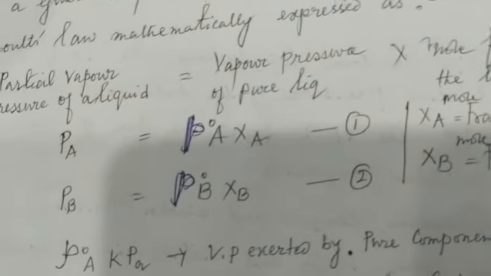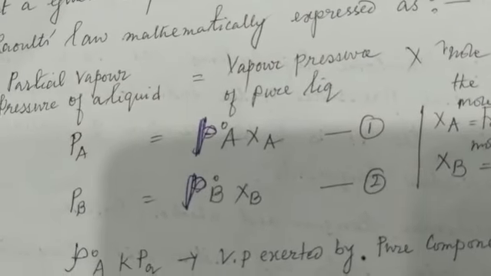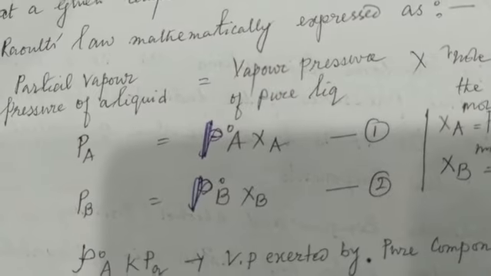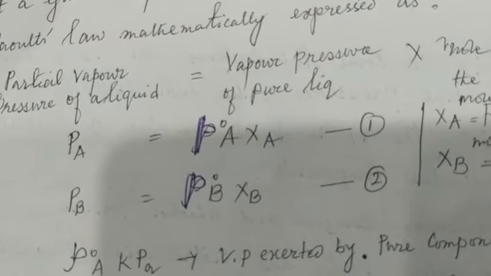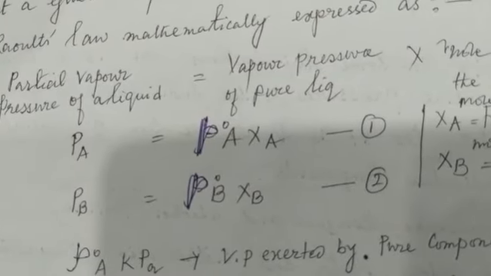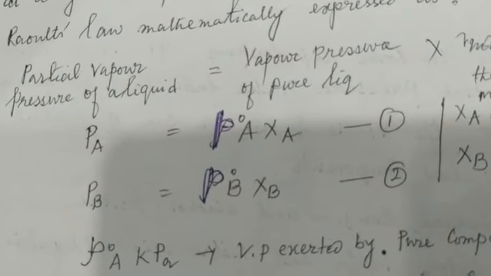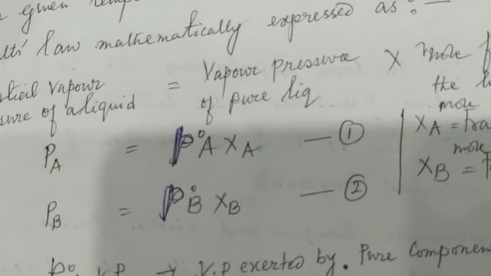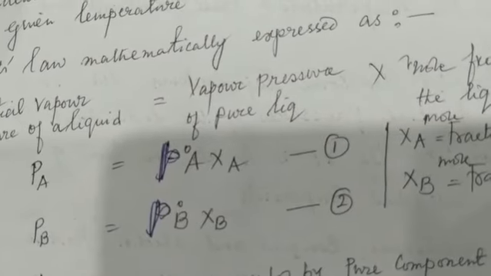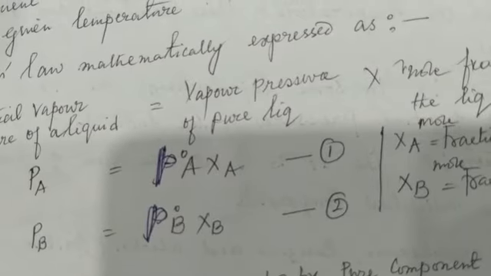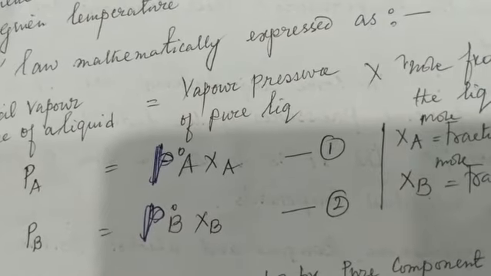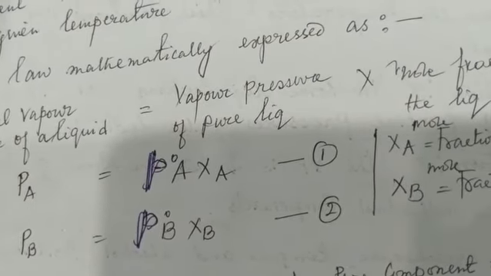Okay, so here PA is the partial vapor pressure of liquid A and PB is the partial vapor pressure of liquid B. That is, PA = P0A XA and PB = P0B XB.